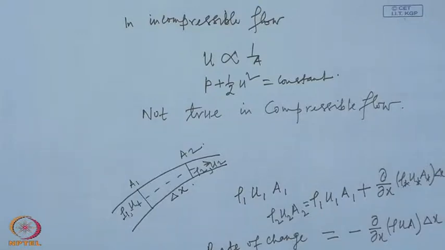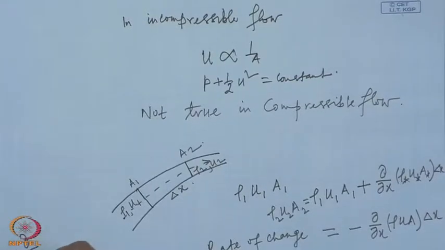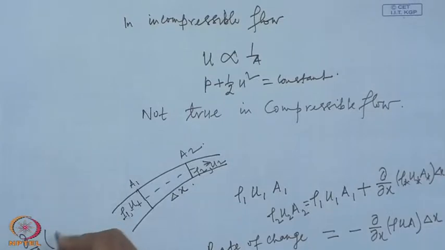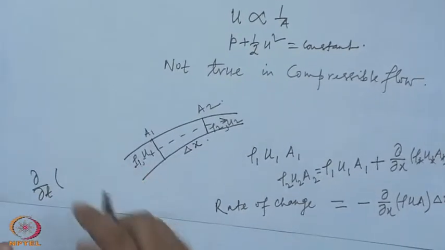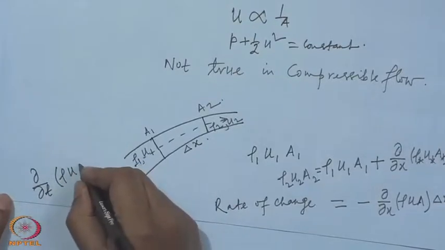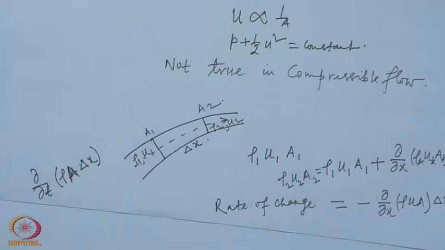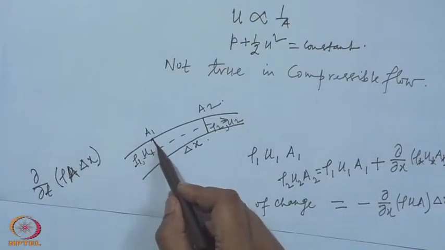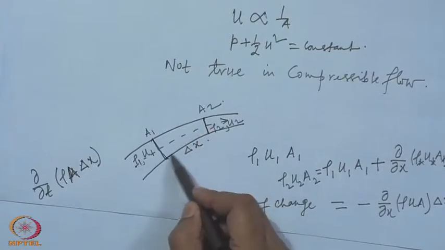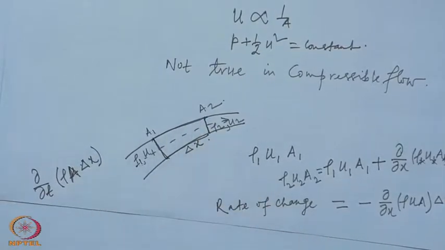Now, the rate of change of mass within this control volume, that is enclosed between these two cross sections A 1 and A 2 and by the wall of the tube, is d dt of rho A delta x, that is the rate of change of mass within the control volume bounded by the cross sections A 1, A 2 and the side walls.